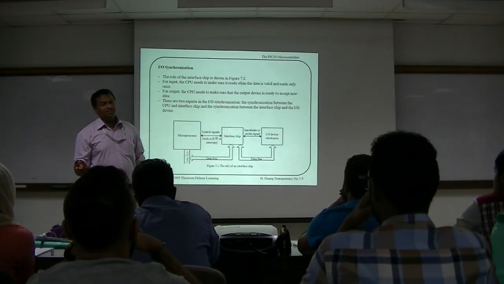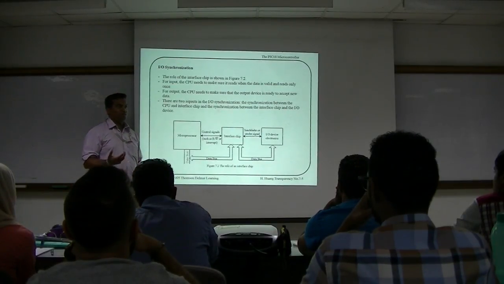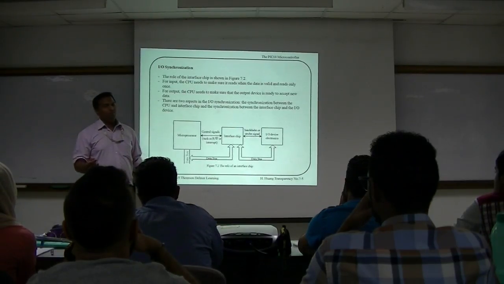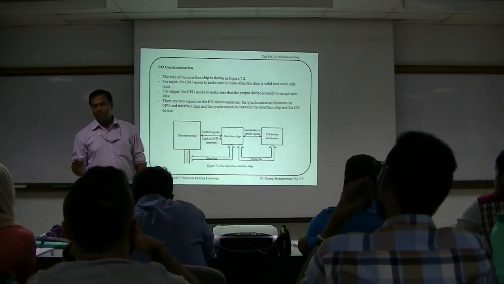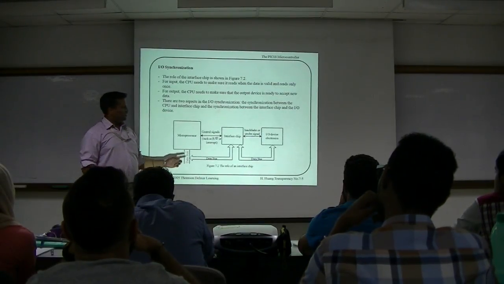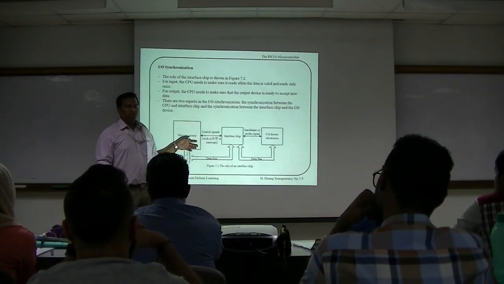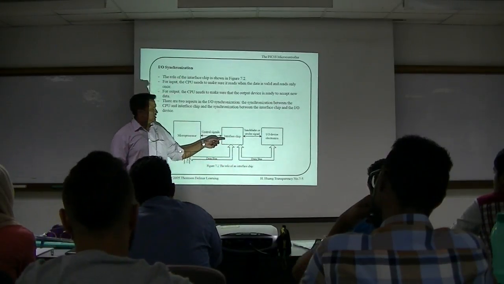The second method is interrupt-driven, which is in chapter 6. It is one of the very important topics, and interrupt is very widely used in a lot of hardware application and development. Interrupt means the CPU doesn't keep asking questions. The CPU will do its own job, whatever it's supposed to do. When the data is ready, it will catch up.